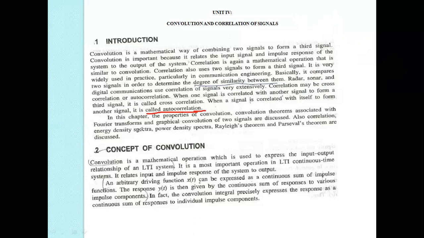Okay, my dear students. In this, we have to learn the convolution theorems associated with the Fourier transformation, graphical representation of the convolution of the two signals, and correlation, energy density spectrum, power density spectrum, and Parseval's theorem. The second part of the fourth unit is the convolution and the correlation.